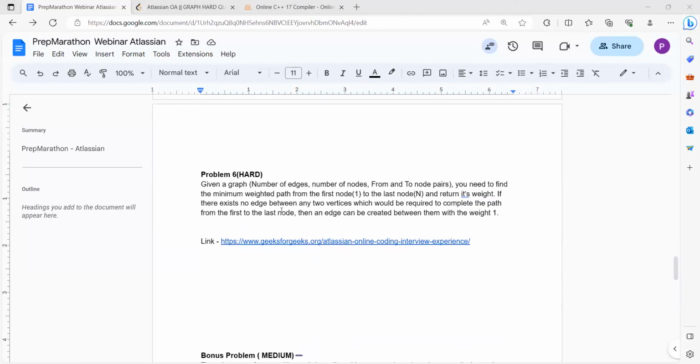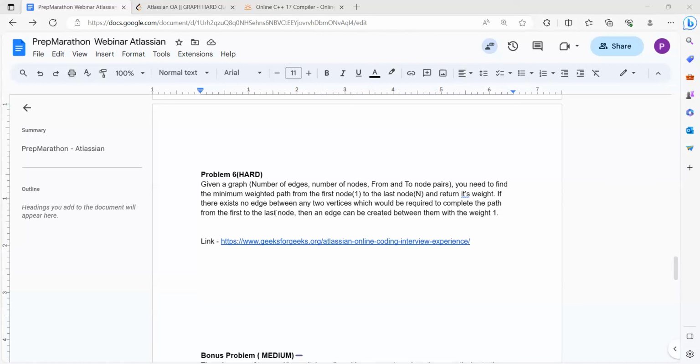So go through this problem. What you are given is, here also think about it logically. So this is a graph problem. It is mentioned in the first statement only. Given a graph, where you have the number of edges, number of nodes, and from and to node pairs, like which node to which node.